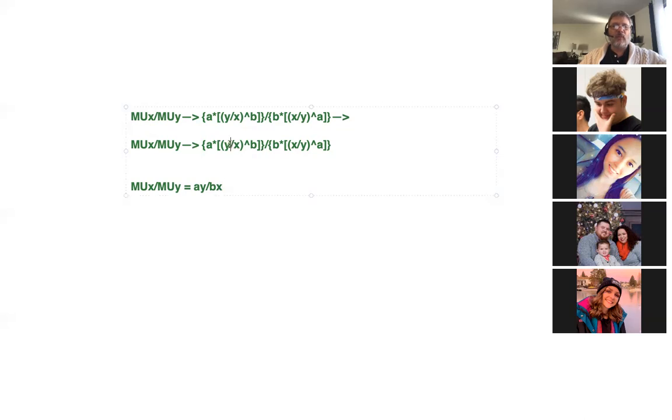I'm going to write y raised to the beta and x raised to the beta, and then I'm going to get rid of that, and then raised to the a, raised to the a, get rid of that. Okay. And now we have a fraction divided by a fraction, right?